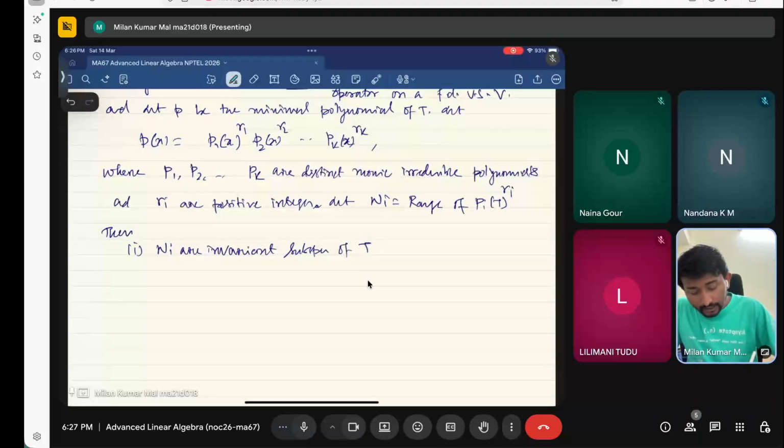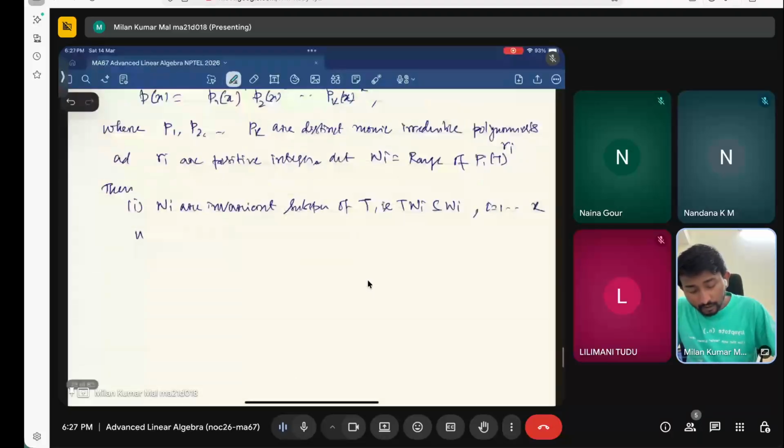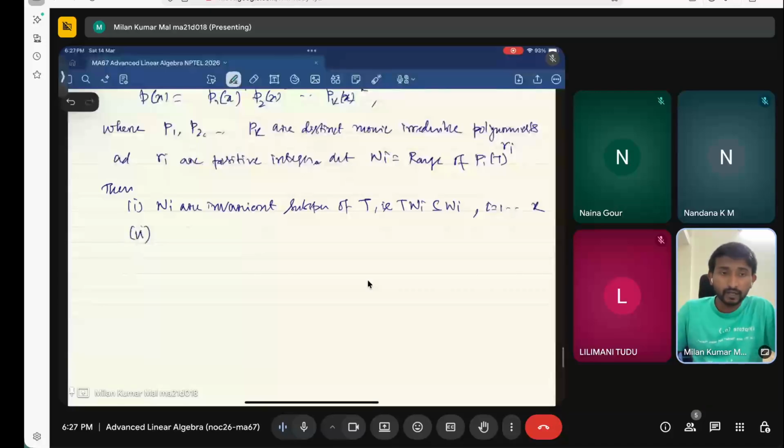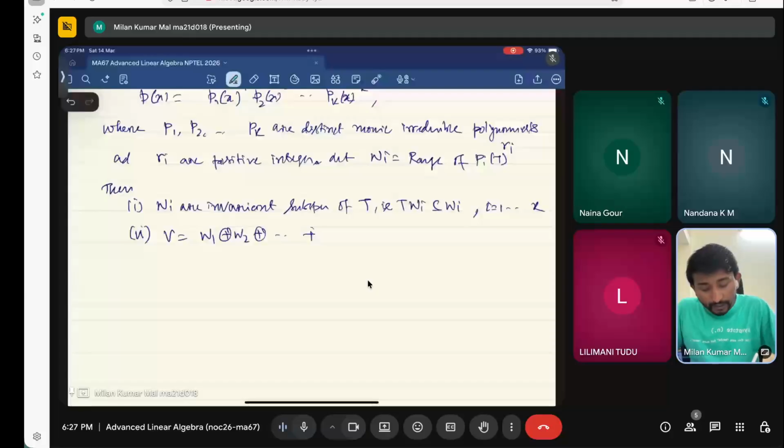Second, the vector space V is the direct sum of W1, W2, all the way to Wk. And third, since each Wi is invariant under T, we can restrict T to Wi.